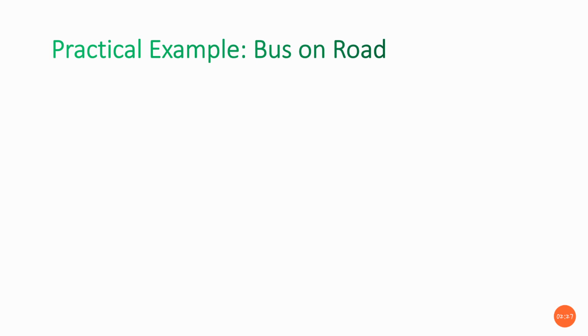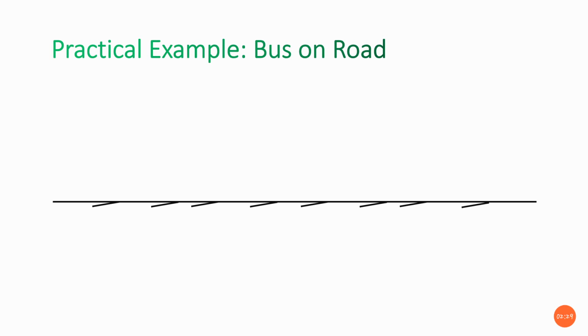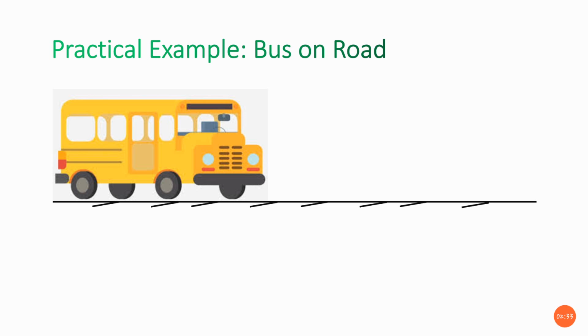Here I am going to give one example. Assume that this is the road and here the bus is there. There is always a contact established between the road and the bus through the wheels. There are two-wheel drives, four-wheel drives, and more wheels are also used, depending on the load carrying capacity. In this case I have taken one bus example.